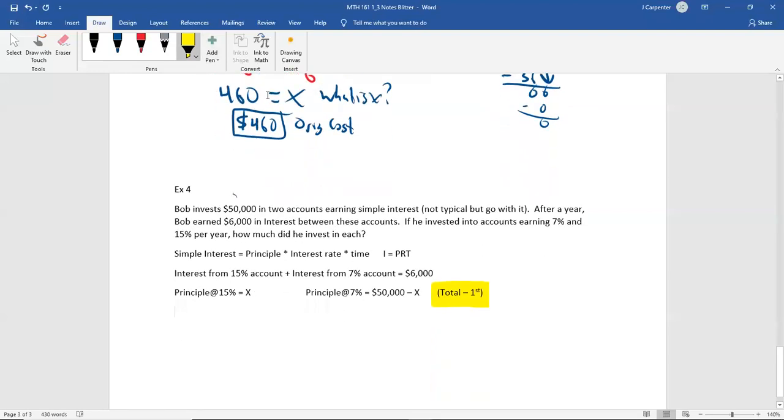All right, so now that we have our knowns and unknowns labeled, we have our interest equation that interest 1 plus interest 2 is 6,000. Let's actually show what those interests are.